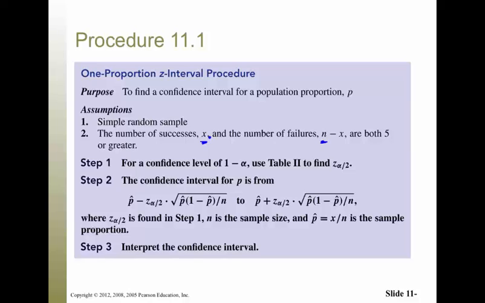So 5 or more have to be what we call successes, and 5 or more have to be non-successes. If almost everybody's a success, then the math breaks down. Or if almost everybody's a failure, less than 5 are successes, then it breaks down.